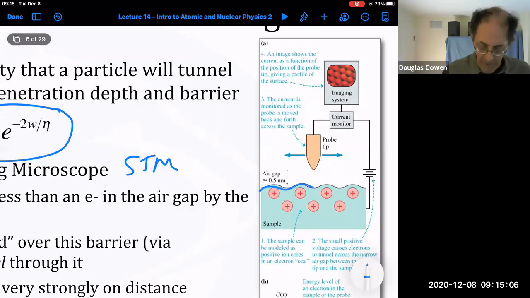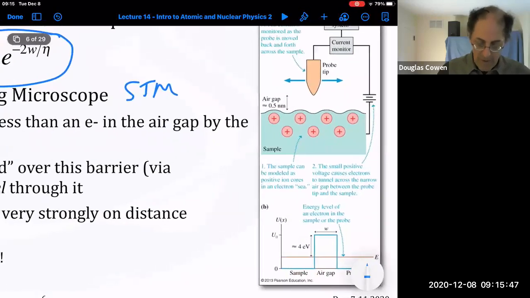In this case, the way it's drawn, it's got this wavy sort of sinusoidal structure. That's not necessarily the way things look in general. And the way this STM functions is electrons that are in the probe tip, say there's one right there now, have some finite probability of jumping across this air gap and being absorbed in the sample. The probability of them doing that is small, but it's finite, and it relies on this concept of tunneling.